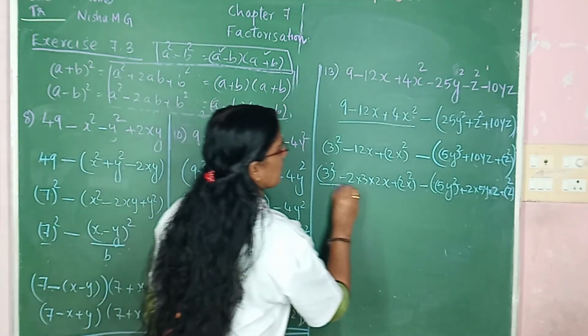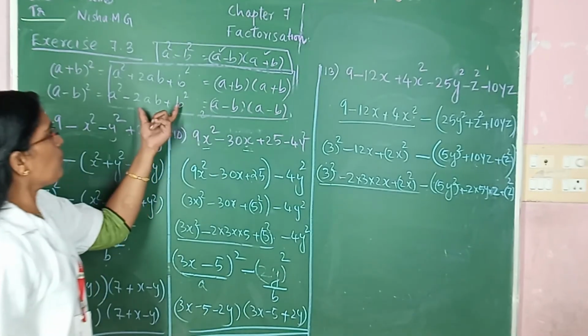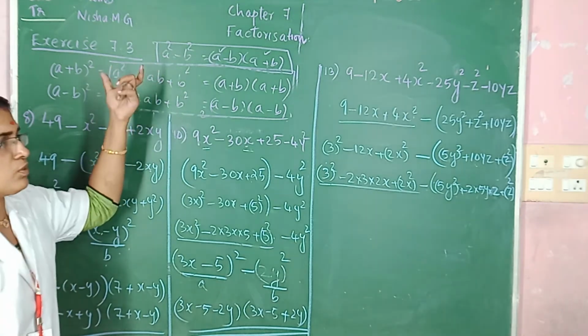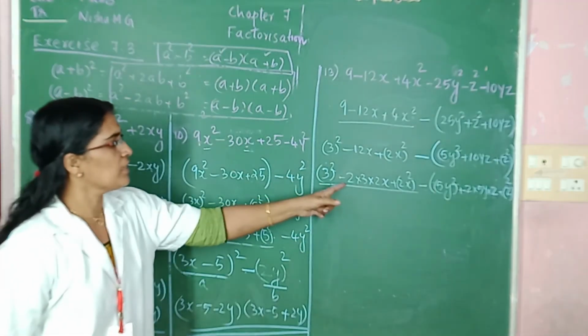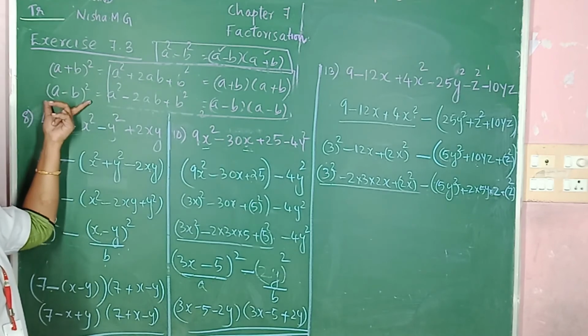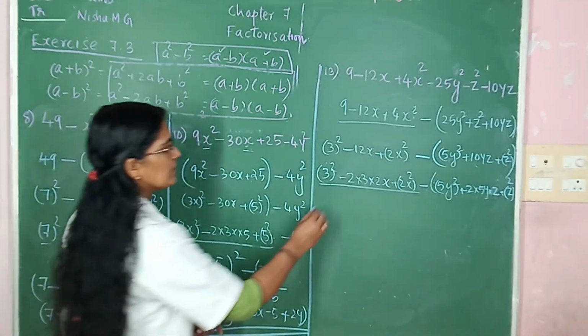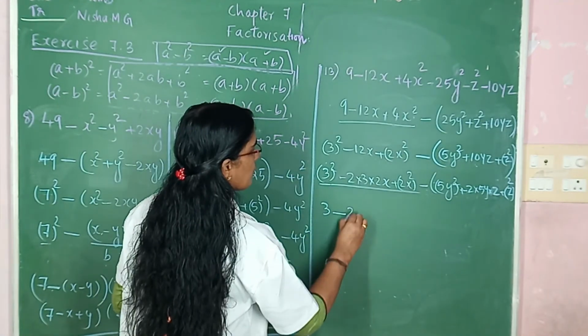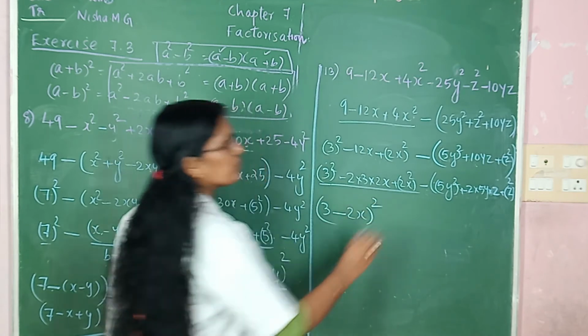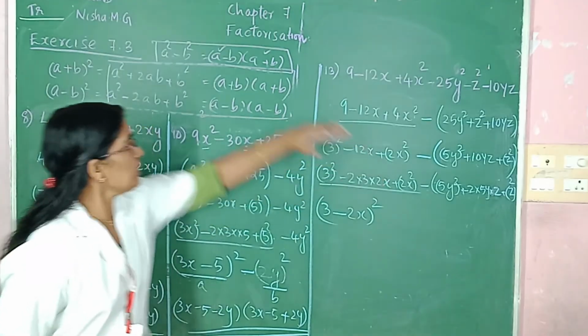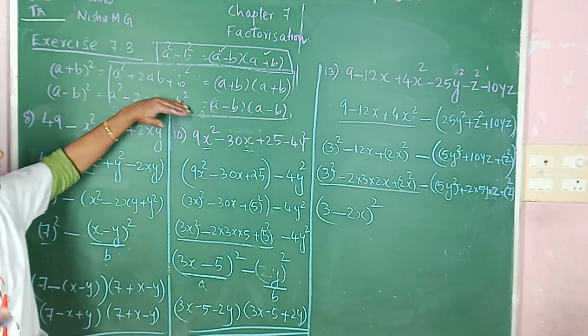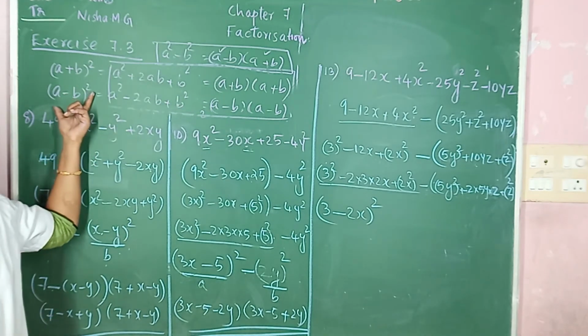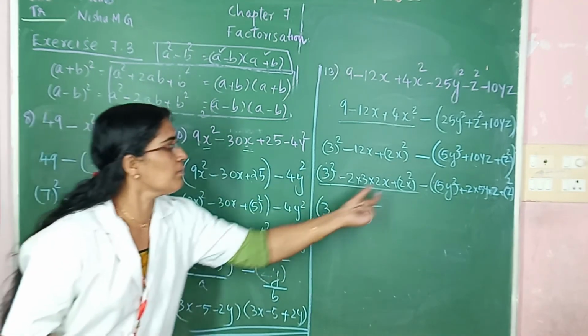Now, this is in the form of which identity? A plus b whole square or a minus b whole square? Here minus. So, a minus b whole square. What is a here? 3. What is b here? 2x, the whole square. Which identity? Second identity, no factorization. Write the identity a minus b whole square. A is equal to 3, b is equal to 2x.